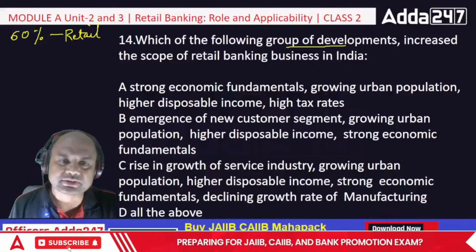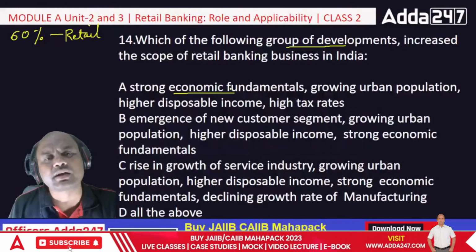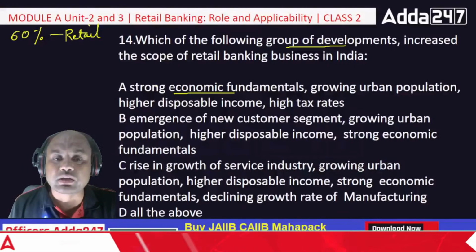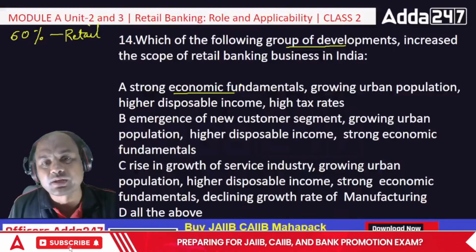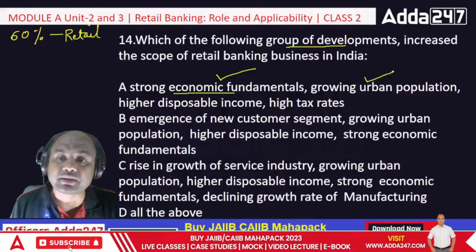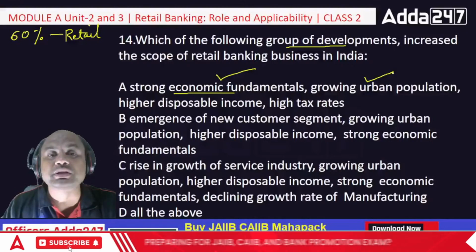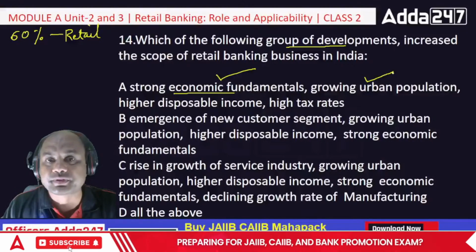What is that? Look at this. Strong economic fundamentals, very good. Means the country is growing, right? Good GDP, everything, okay, done. Growing urban population, that is also done because we are moving towards urbanization. People are moving towards the cities for jobs.